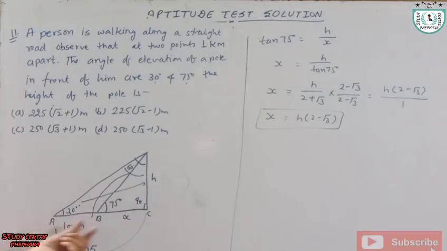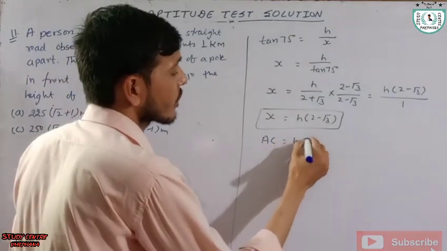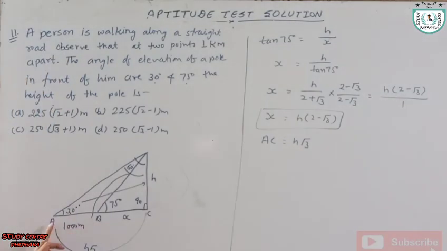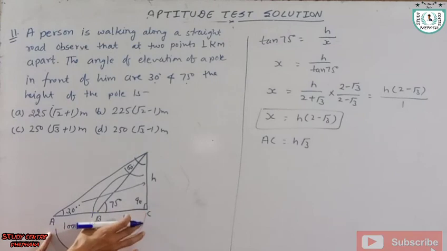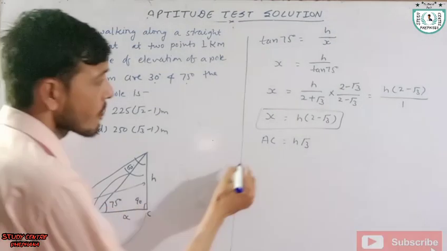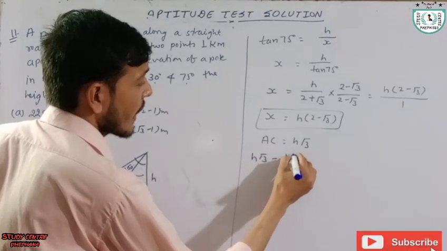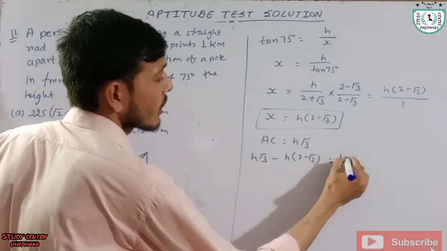It means AC is equal to h root 3. Now I can say AC minus BC is equal to 1000 meters, that is h root 3 minus h into 2 minus root 3 is equal to 1000 meters.